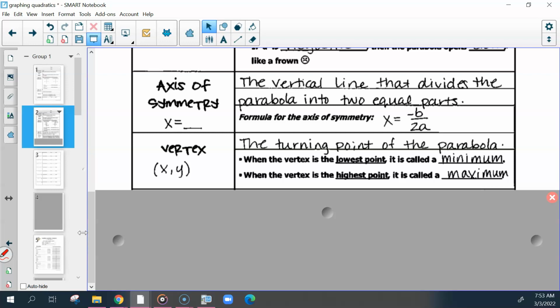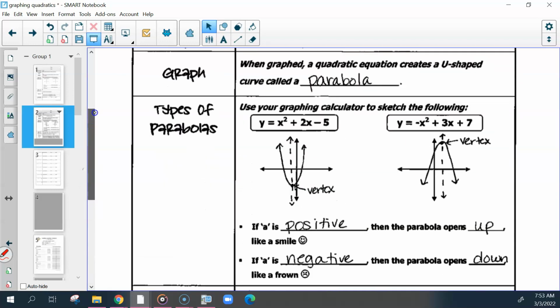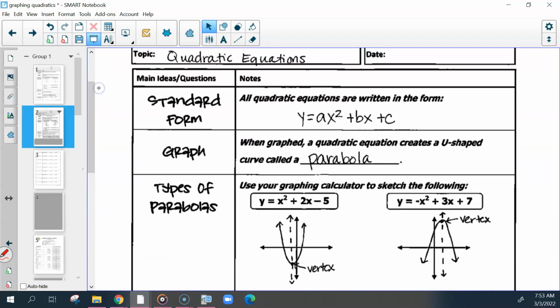I think that's the last definition. Does anyone have questions on any of those vocab so far? Parabola. That's your U-shaped curve.